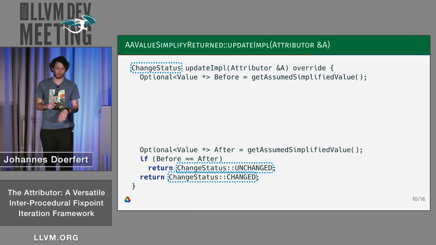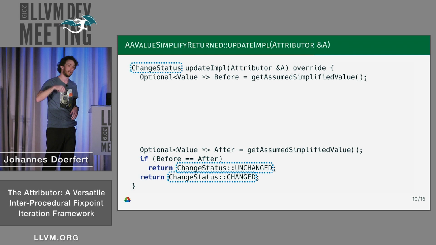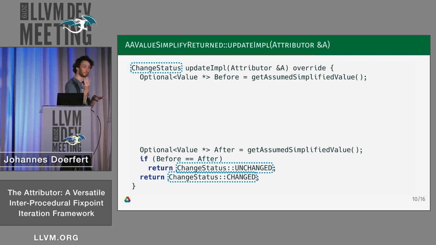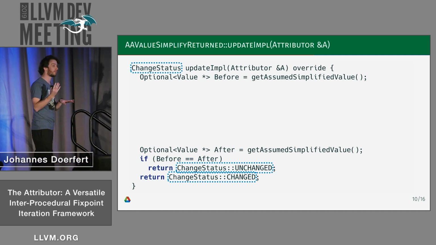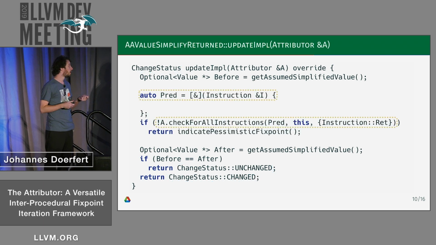Now, what do you do? This is value simplify returned update impl. It's the update implementation of the value simplify for a function return value. Basically constant propagation, constant folding for a function return value. What is the function return value?